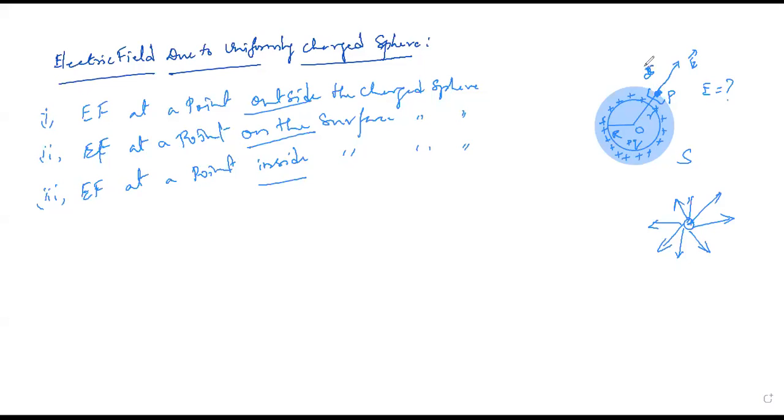The area vector dS is also an outward drawn normal, because that is the small area element we have taken on the sphere. So the angle between these two will be equal to 0.